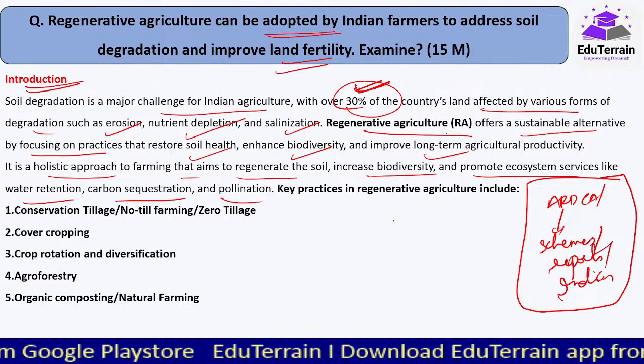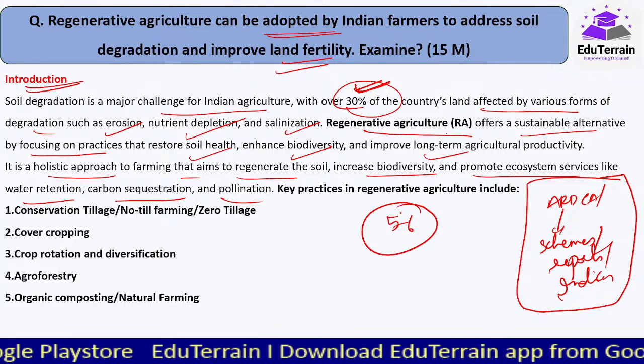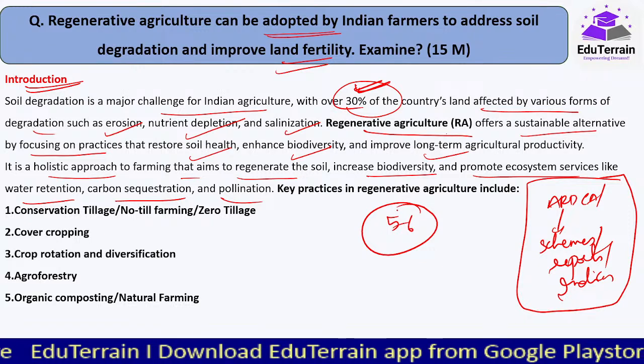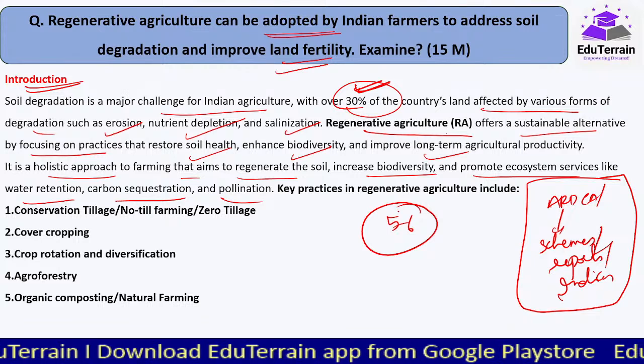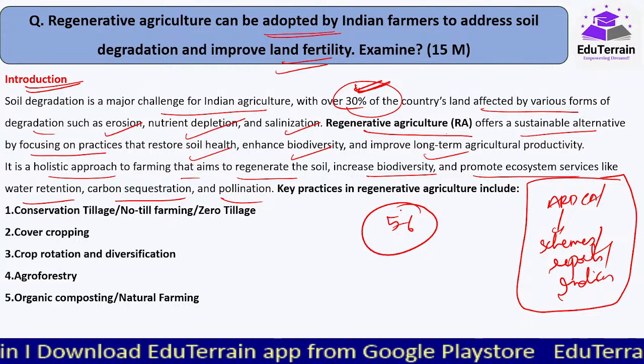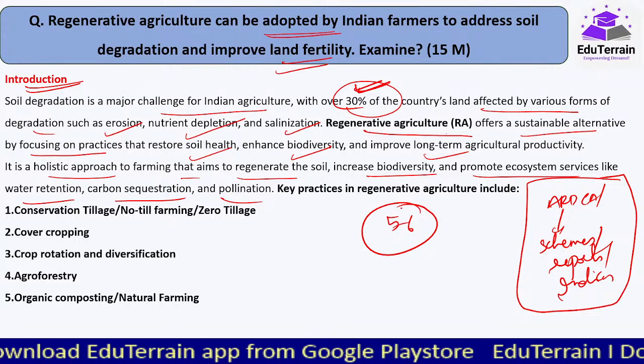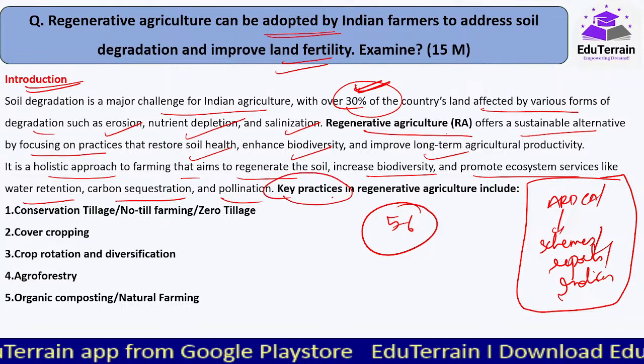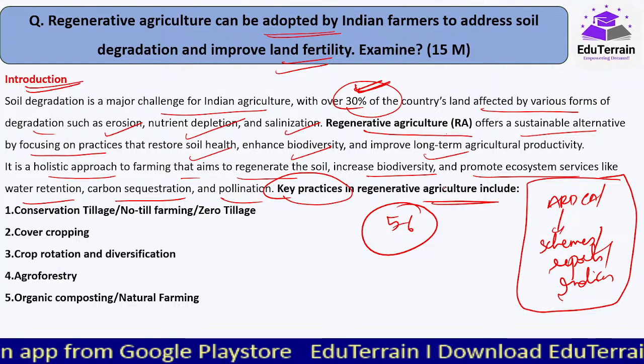And there are 5 to 6 major principles. Why am I saying 5 to 6? Because in some literature you will find that there are 5 key principles for regenerative agriculture, and in a few you will find 6 key principles. So there are 5 to 6 key practices in regenerative agriculture that can be adopted.